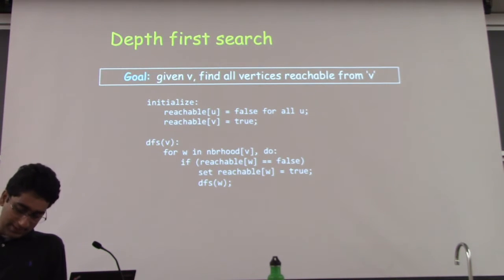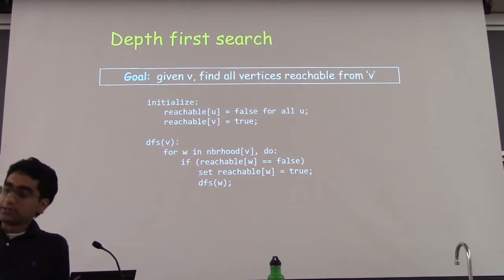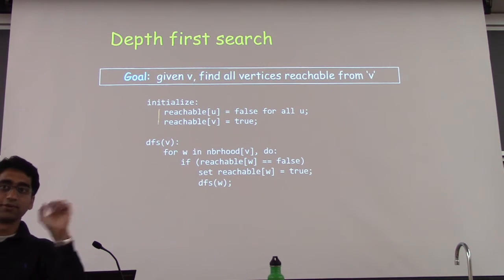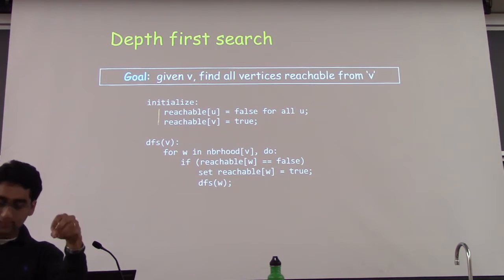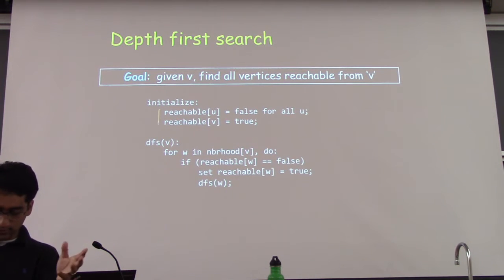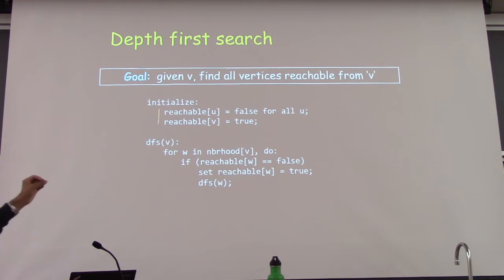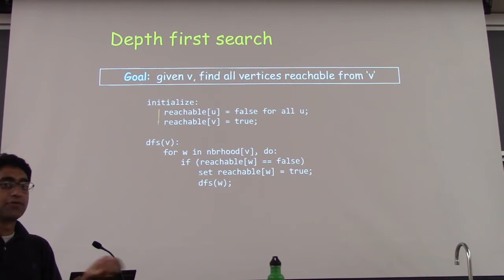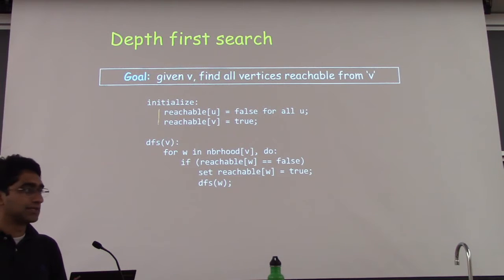This was a natural recursive algorithm, and we initialized reachable to be false for everyone except the vertex itself, and then you do the search starting at this vertex. For every vertex in the neighborhood, you go to all its neighbors and set reachable to be true. And if you haven't visited it before, then you recurse on that, starting at the neighbor.